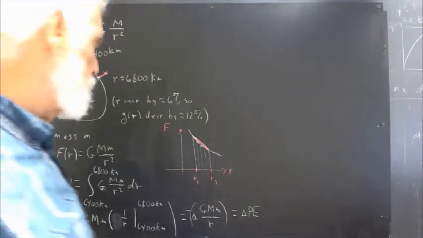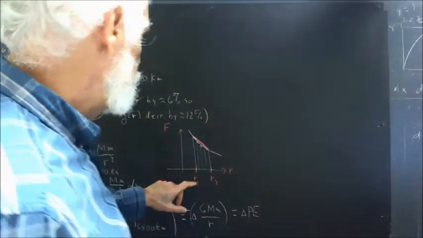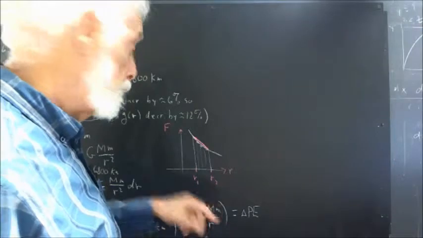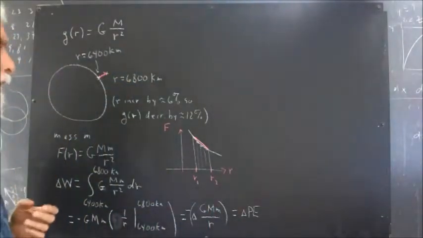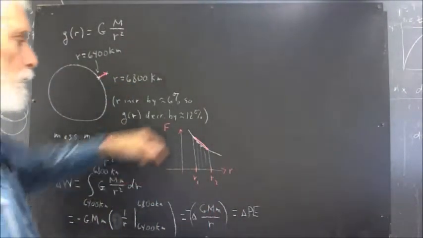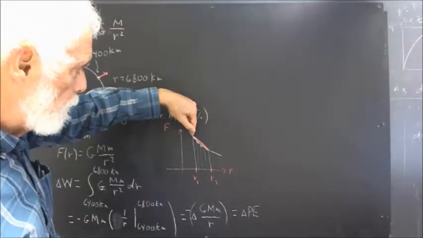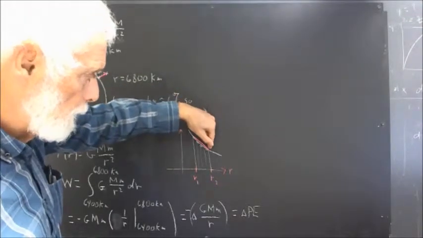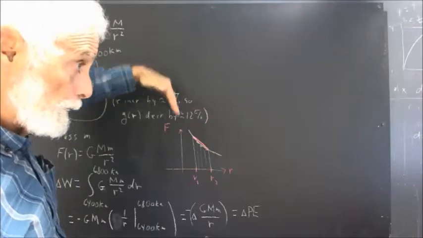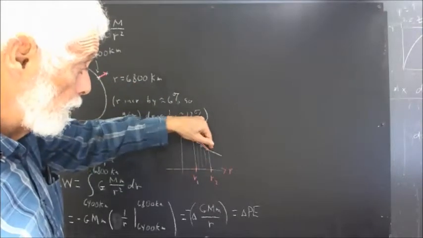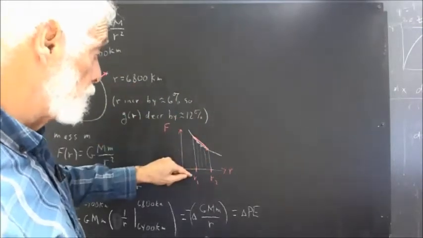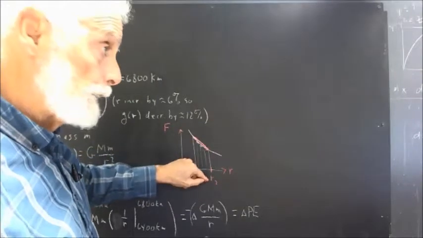Now, if we move from distance R1 to distance R2, we can pretend that the force changes linearly from here to here. But it doesn't, of course. It's down below this linear approximation. But here's the force at distance R1. Here's the force at distance R2.